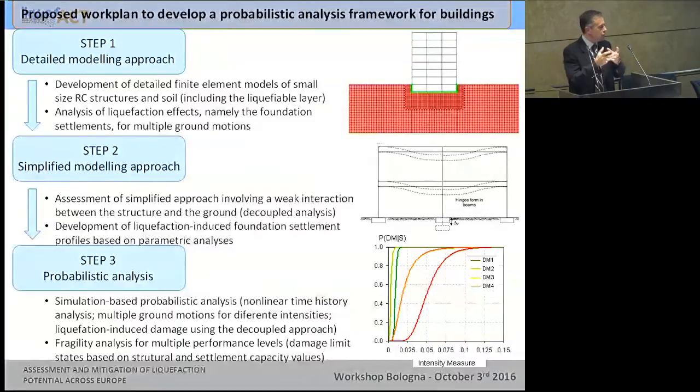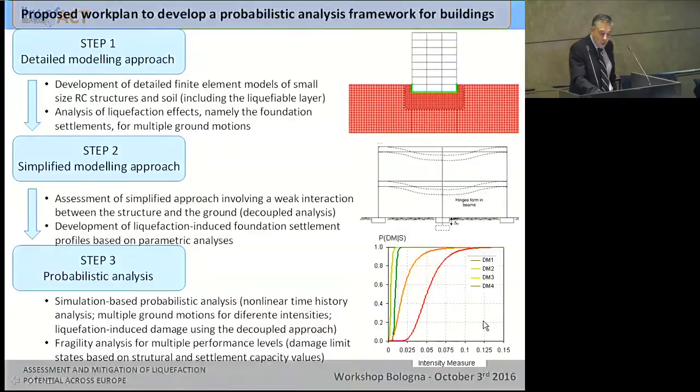It's very heavy numerical calculation. In step 2, we will follow a simplified modeling approach, since we think the ones that we have, the ones of the LSCN, etc., are not enough. So we have to do a simplified approach to be in the proposals that we will have in the manual.